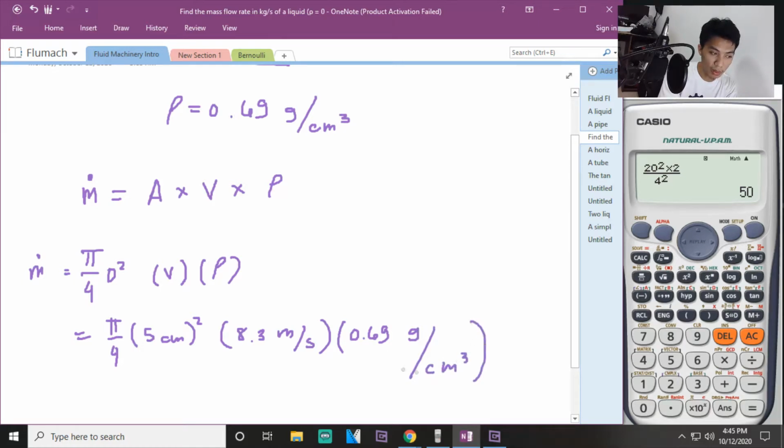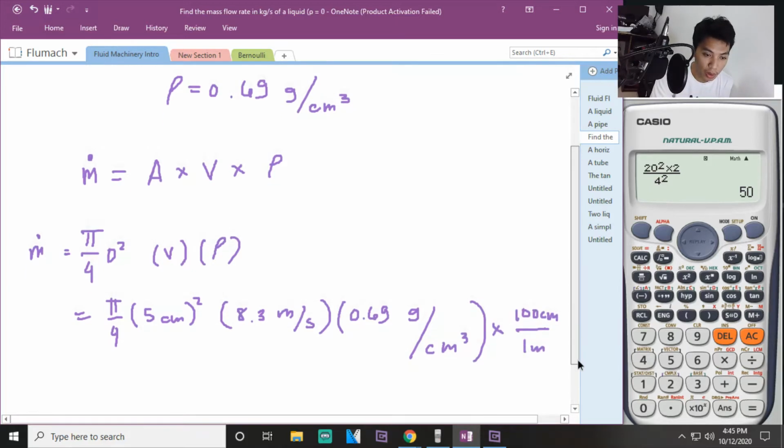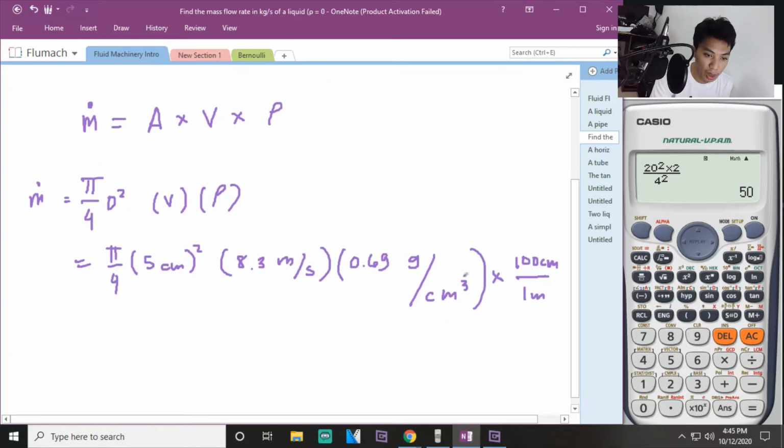Ngayon, ang tinatanong dyan is mass flow rate. Ibig sabihin, dapat cm cube. Convert na lang natin per 1 meter. Okay, so pare-pareho na ba ng units? We cancel all the same units. Okay?